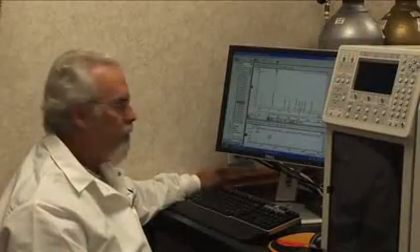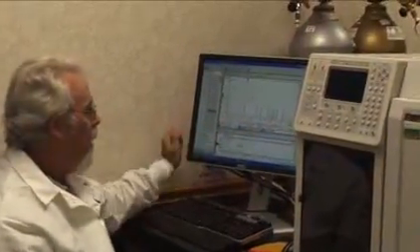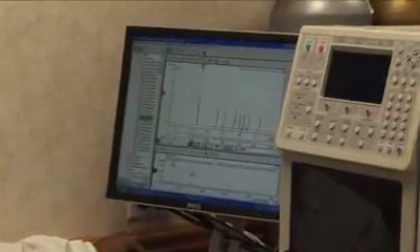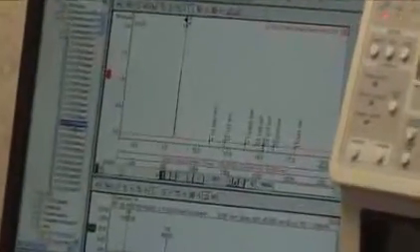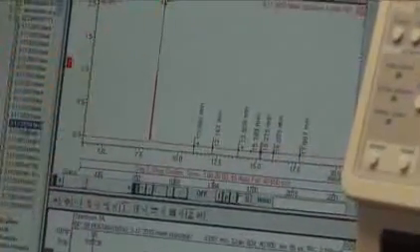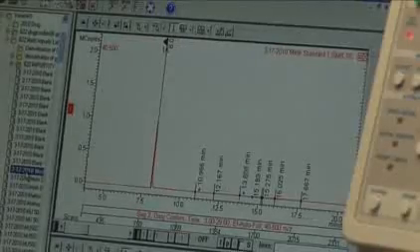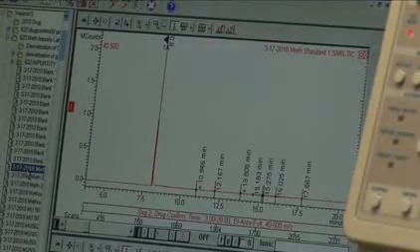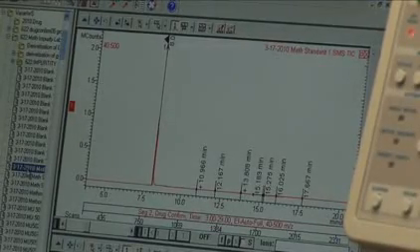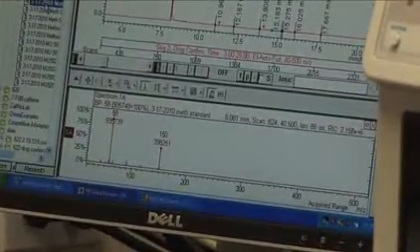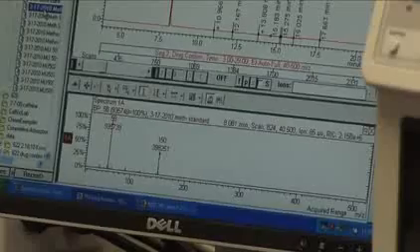any other compound. This is a chromatogram, the top, of a true sample of methamphetamine. It comes out about 8 minutes into the analysis. At the bottom, we have the mass spectrum of methamphetamine.